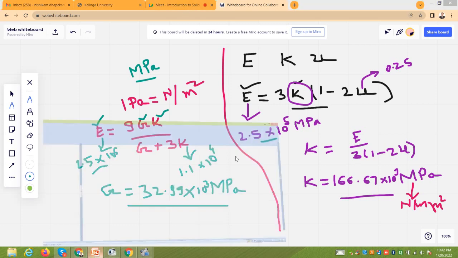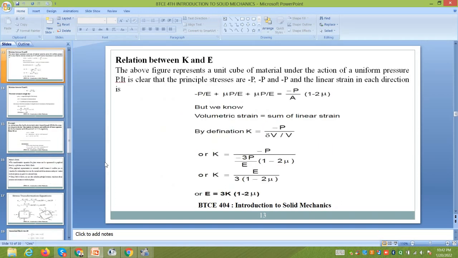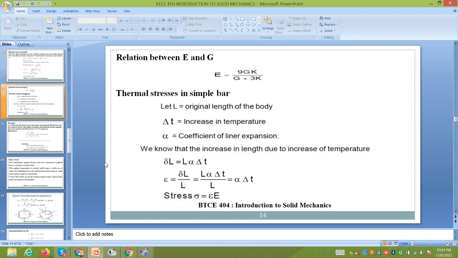So you have two relationships in hand which correlate all the moduli, and this is possible because of the constant Poisson's ratio. If you know any one value, you can easily calculate the other one.